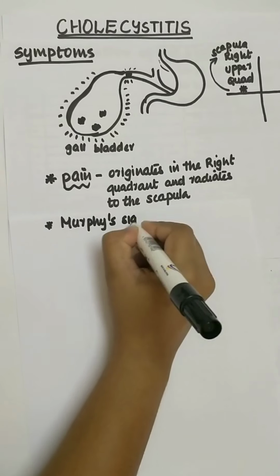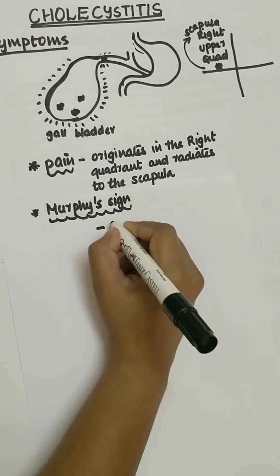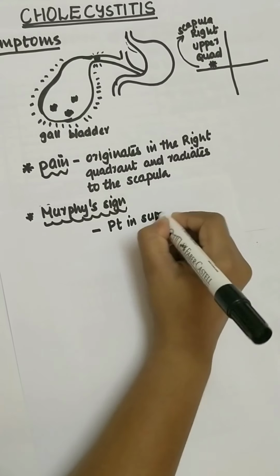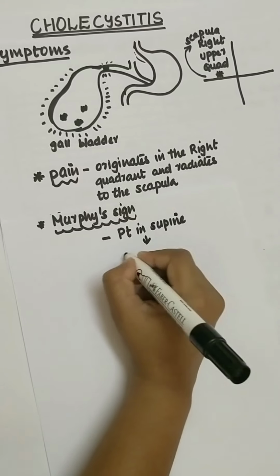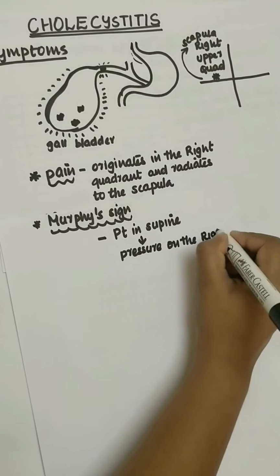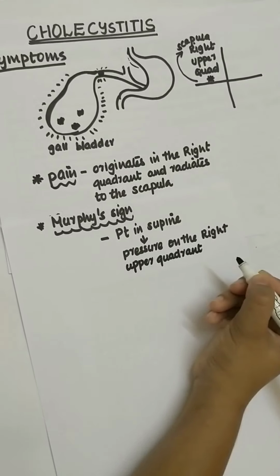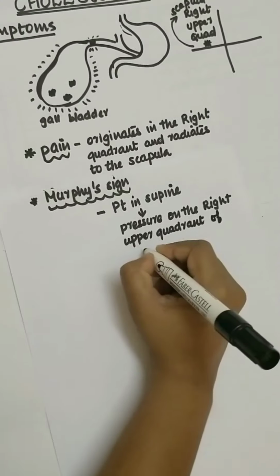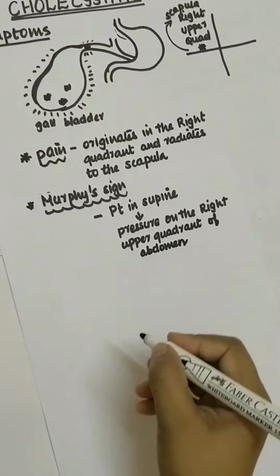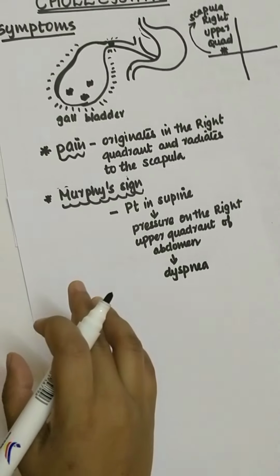The second symptom of cholecystitis is Murphy's sign. What is Murphy's sign? If the patient is kept in supine position and we apply pressure on the right upper quadrant of the abdomen, the patient will have dyspnea.